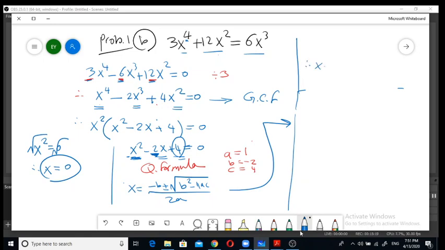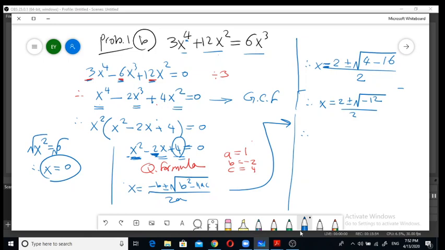Then x is equal to negative b, which is negative negative 2, which is 2, plus or minus square root of negative 2 squared, which is 4, minus 4 times a, which is 1, times c, which is 4, will be 16, over 2 times a, which is 2. Then x is equal to 2 plus or minus square root of 4 minus 16, negative 12, over 2.